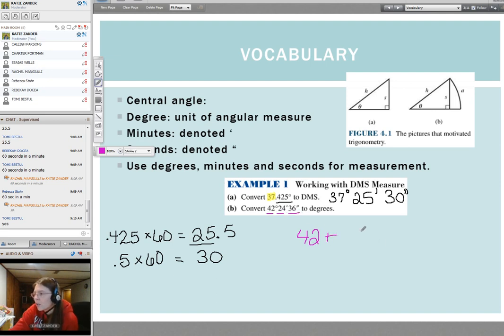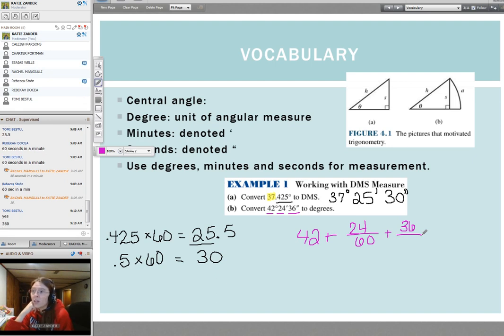So I'm going to take 24 and make that a fraction by putting it over 60. But I need to be a little bit more careful when I create this last fraction for the seconds, sorry. When I'm talking about seconds, my denominator is not going to be 60 anymore. What do you think it's going to be?